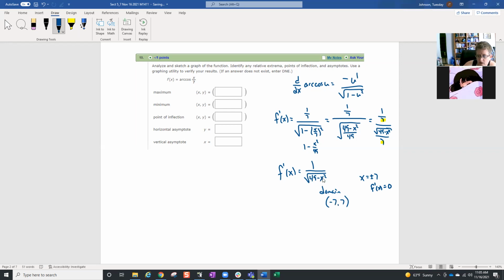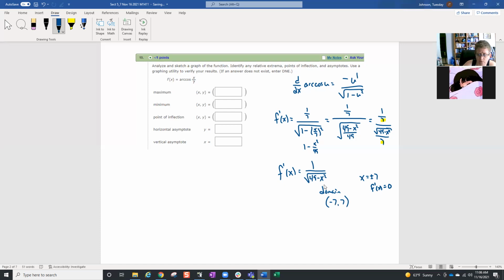Why? 49 minus x squared, we can't have a negative number under the radical to have it a real valued function. So if x squared is anything larger than 49, I'm going to be getting a negative number under here. So if x is anything larger than 7, when I square it, it'll be larger than 49. So I can only be between -7 and 7 for the domain of this function. So that's something to keep an eye on.